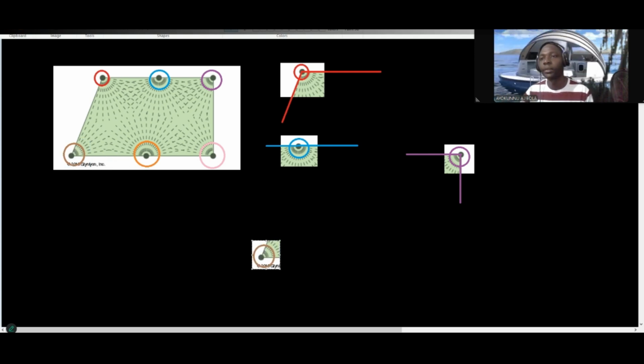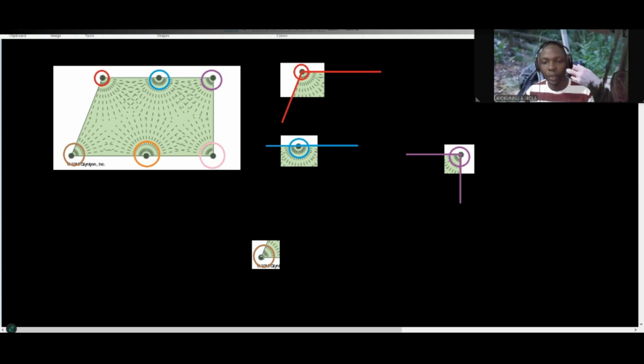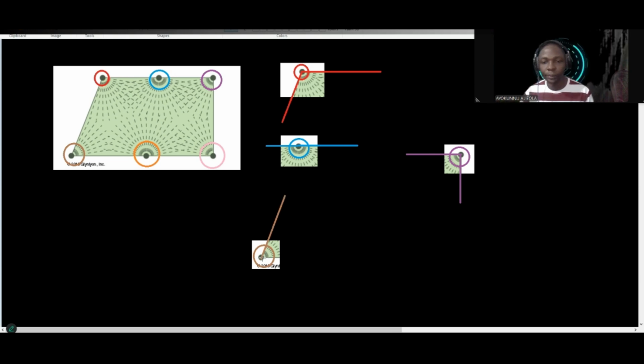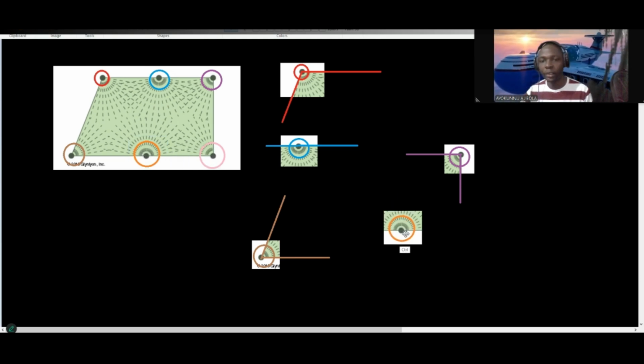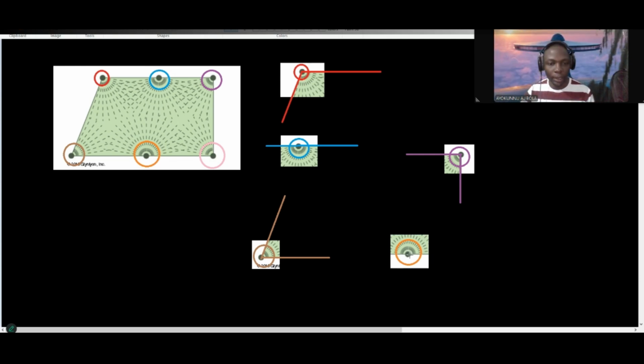Is that clear? Yes. So there is one line here, and there is another line here. The two lines are going to form an angle at that point. Then I can bring the next one, this one. Then there is a line to the right again, and also a line to the left.